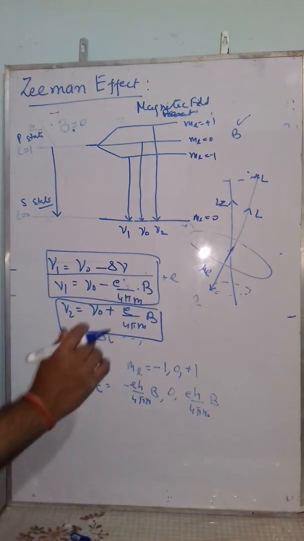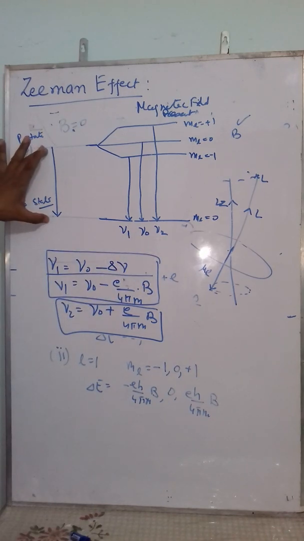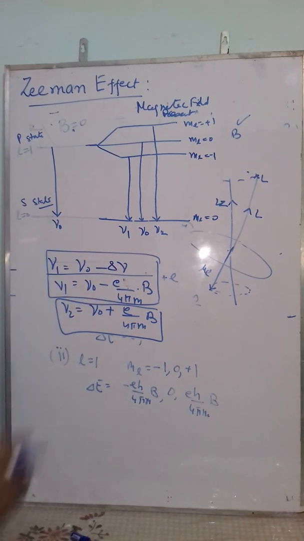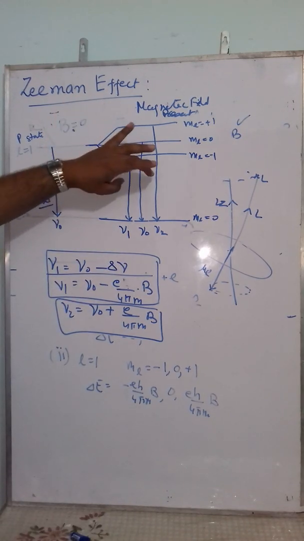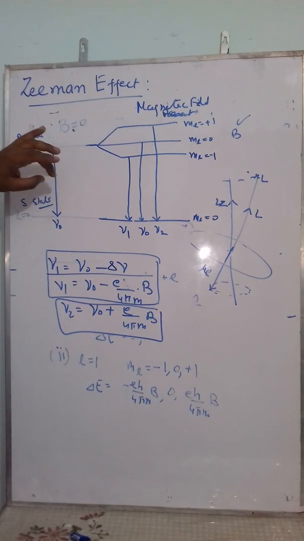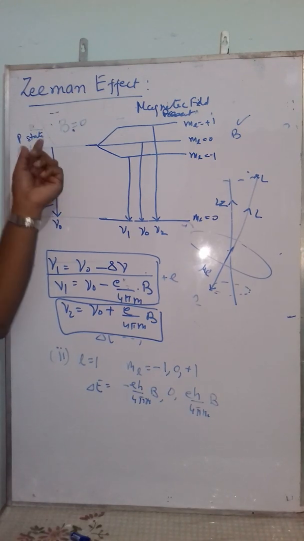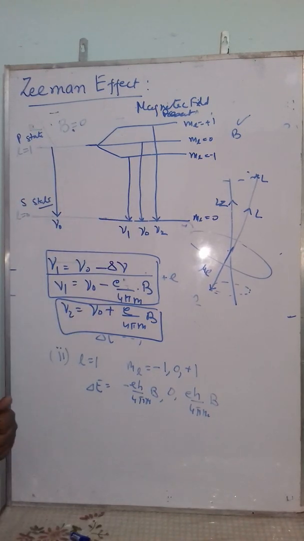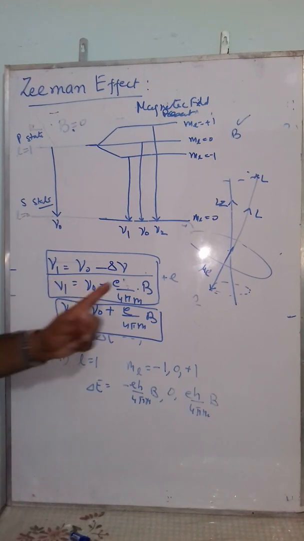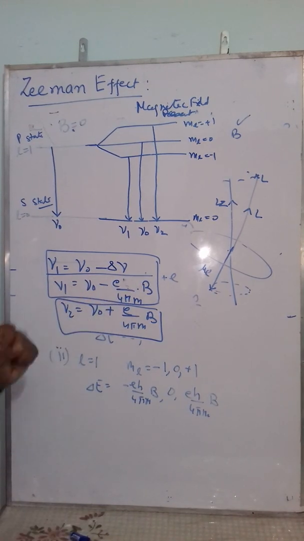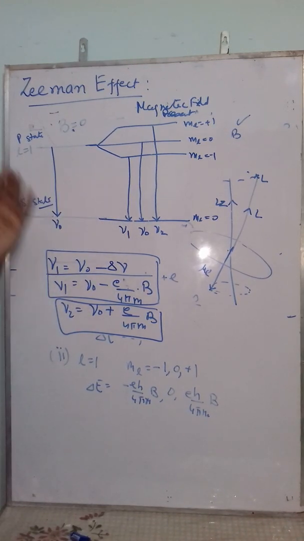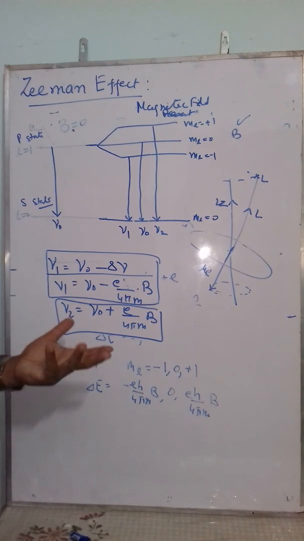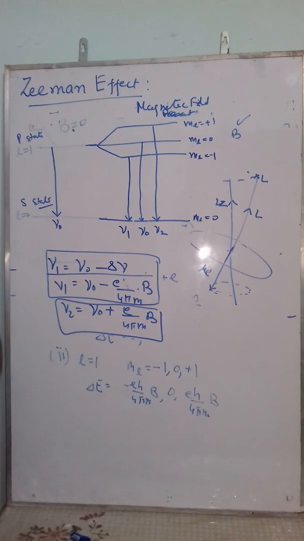Thus, we get 3 lines instead of one line of nu0. The spectral line has been split into 3 lines in presence of the magnetic field. Obviously, if B is equal to 0, then nu1 and nu2 are both equal to nu0. This splitting of the spectral lines due to the presence of a magnetic field is called the Zeeman effect, and this one is known as the normal Zeeman effect.